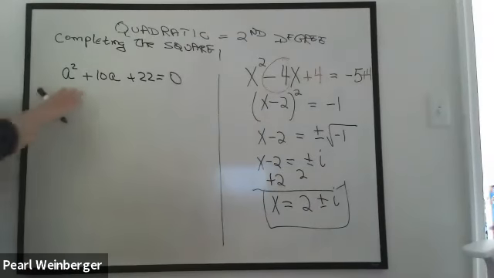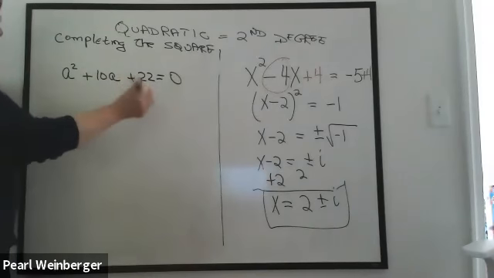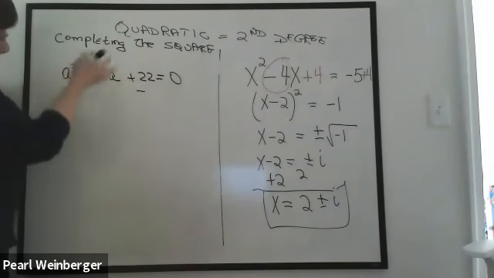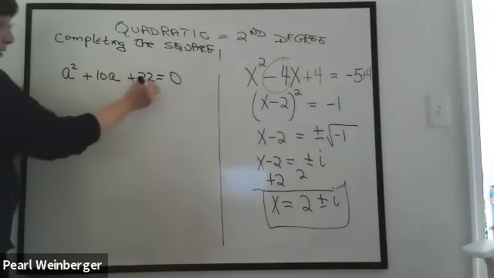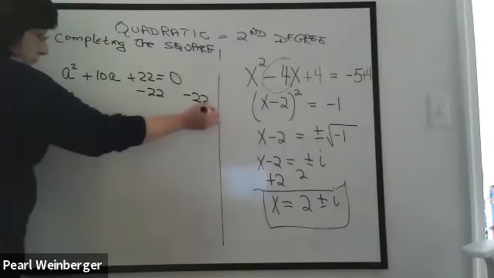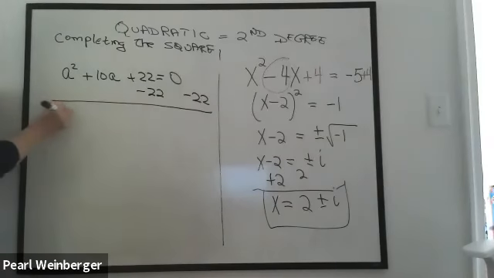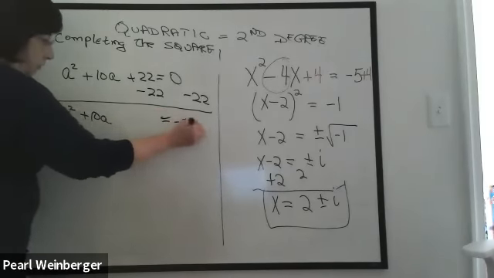And what we do when we're using the completing the square method is first bring over any term that doesn't have the variable in it. In this case, the variable is a. So I'm going to bring the 22 to the other side. Okay, a squared plus 10a equals negative 22.